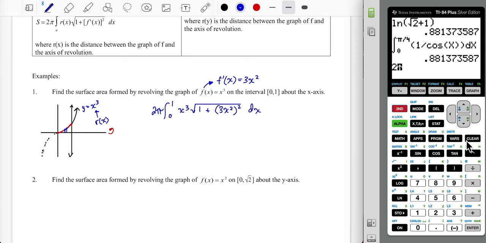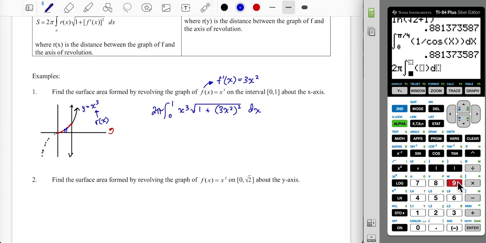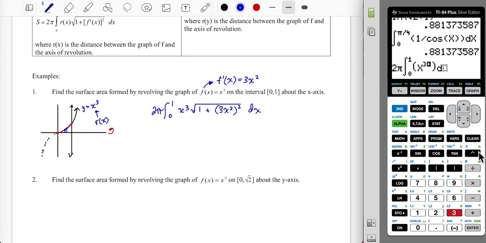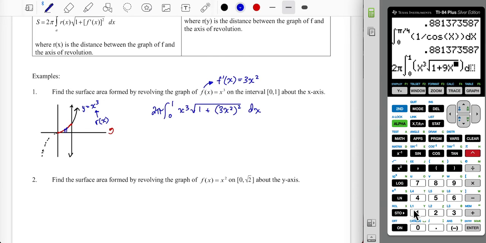So 2 pi, math 9, 0 to 1, x cubed, square root of 1 plus, I'll type it in as 9x to the 4th, dx.